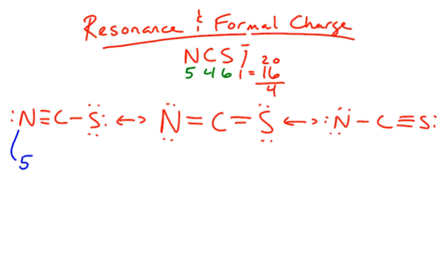So, away we go. Formal charge is the valence electrons minus the number of unpaired electrons plus the bonds. That's 0. That one's 0.